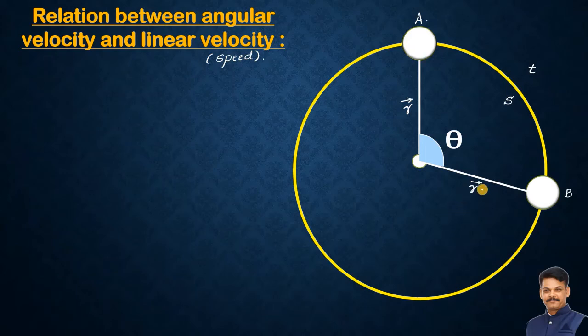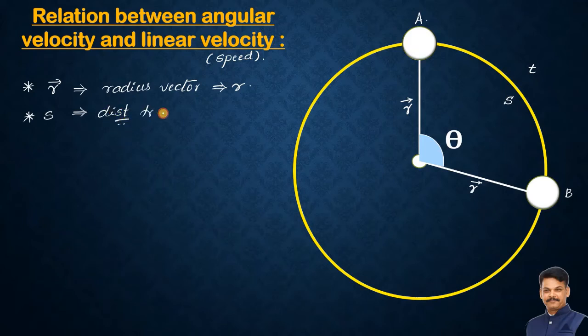Now, let us note down the information about what we have discussed. What is r here? r is the radius vector, and its magnitude can be given simply as r. s is the distance traveled by the object along the circular path.